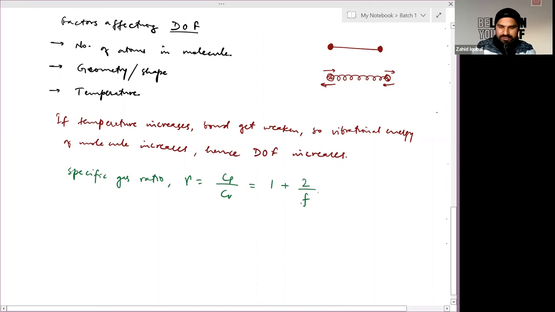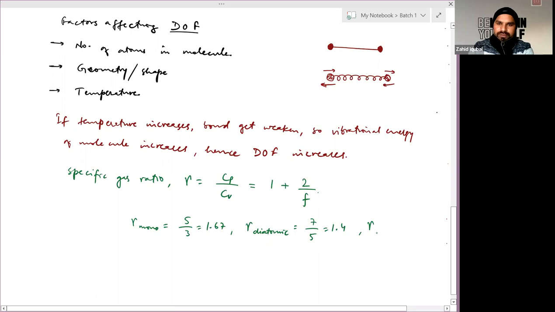So if you put the number of degrees of freedom related to monoatomic, diatomic, triatomic, gamma for monoatomic will be 1 plus 2 by 3, that will be 5 by 3, 1.67. Gamma for diatomic: 1 plus 2 by f, f is 5, so it will be 7 by 5, that is 1.4.